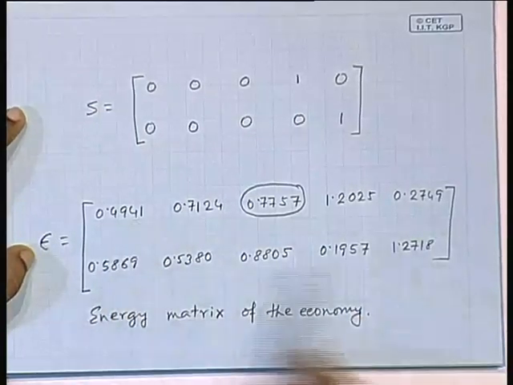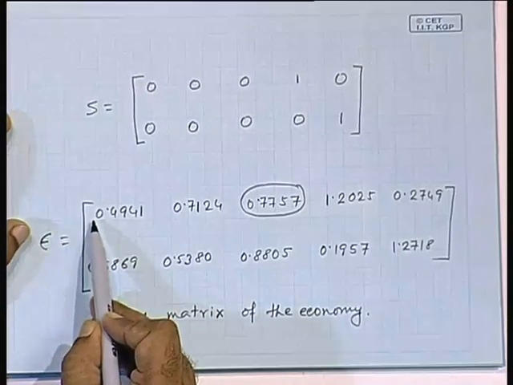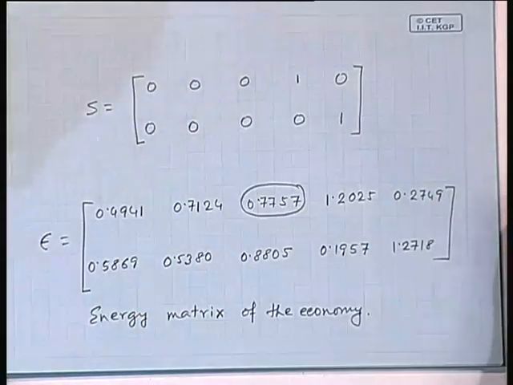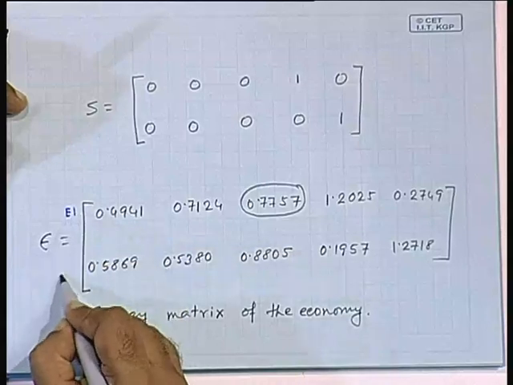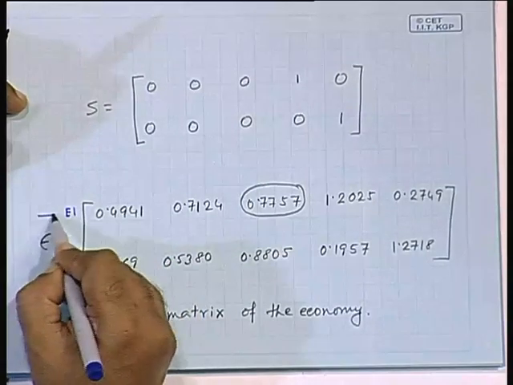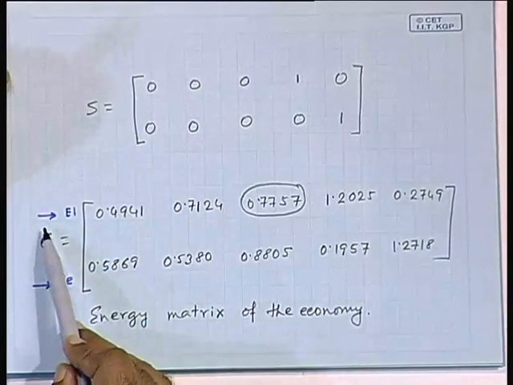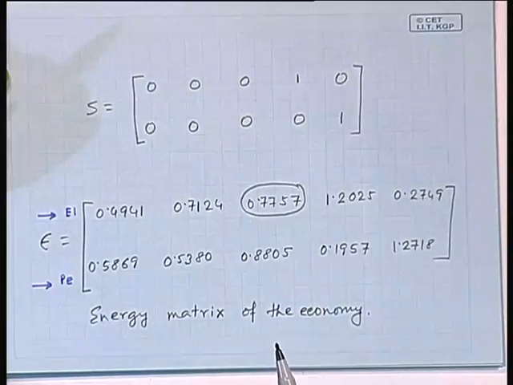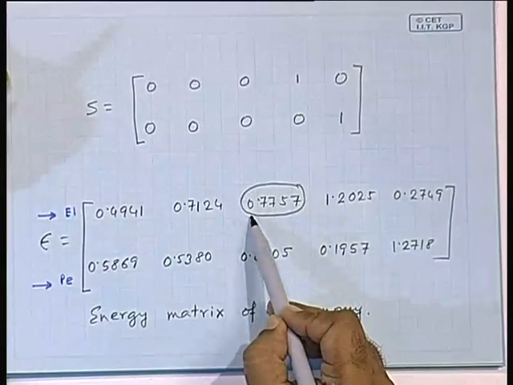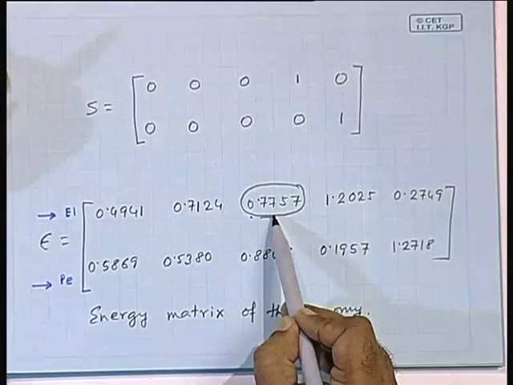There are two energy rows. This row corresponds to, what was it? Electricity, and this row corresponds to petrol. So this is E, and this row is electricity and this row is petroleum. So it means the electricity needed to produce 1 rupee worth of the product of this sector. What was this sector?